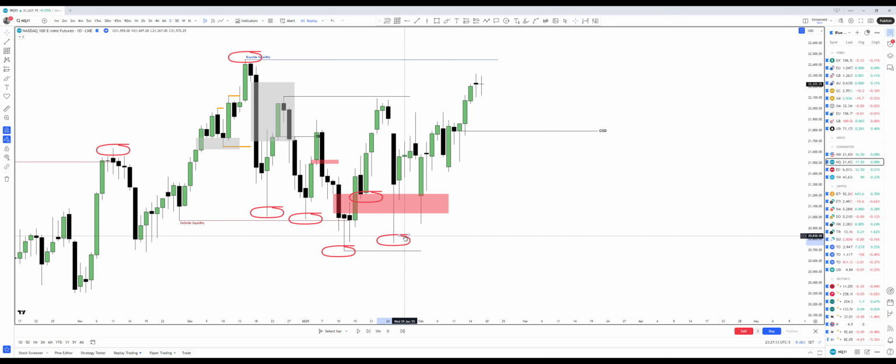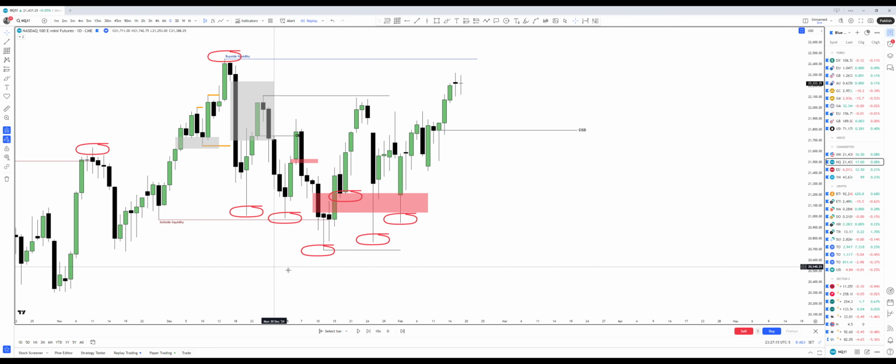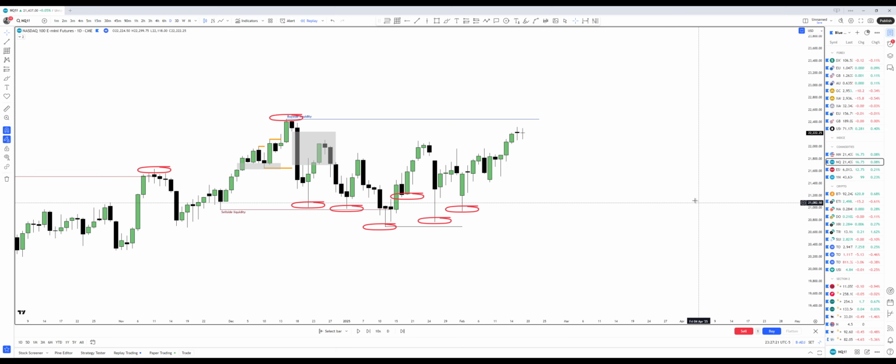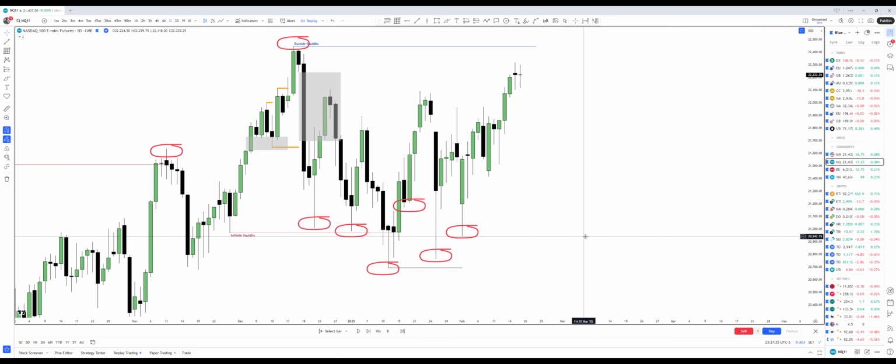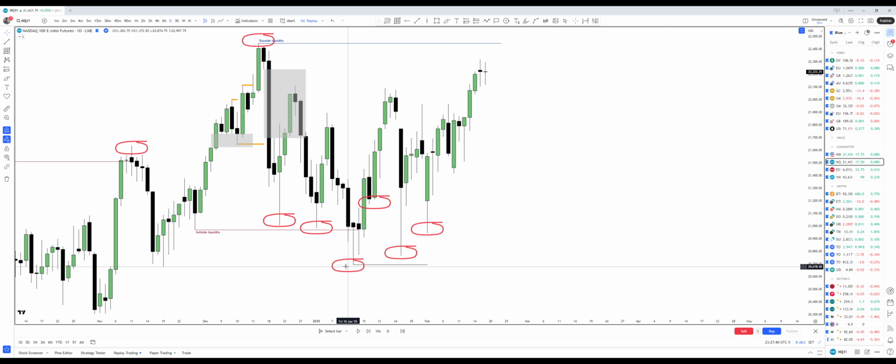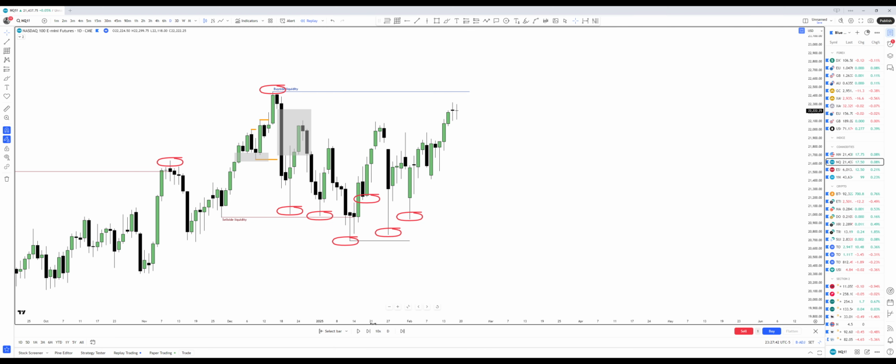I hope you can see that. It's a little bit messy here, but I want you to see it, since I cleared my annotations. Short-term low, intermediate term low, short-term low, intermediate term low, long-term low. So now this for me is a long-term low.